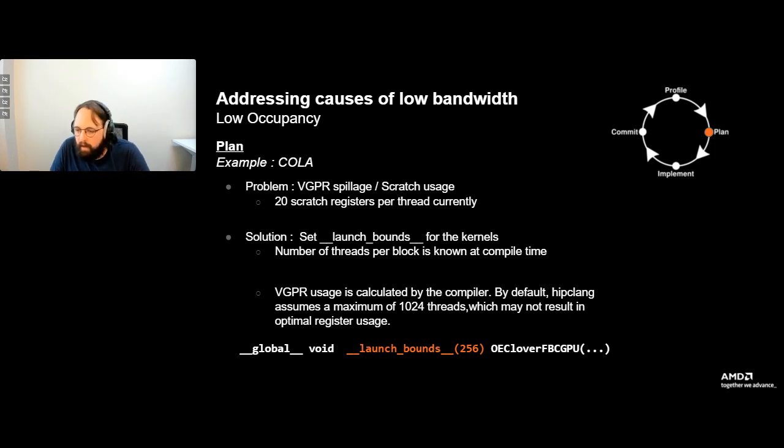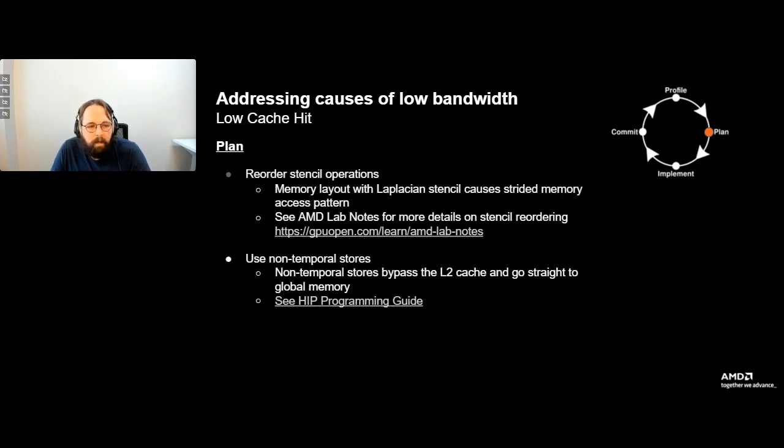So if you know at compile time what that upper bound might be, like in Dr. Comley's case, where 256 threads per block was used for pretty much every kernel in his code, we just went around and dropped this launch bounds 256 decorator in front of the kernel declaration. You have your __global__ void to indicate that you're doing a void device routine, then you put the launch bounds in, and then the name of your kernel with the arguments.